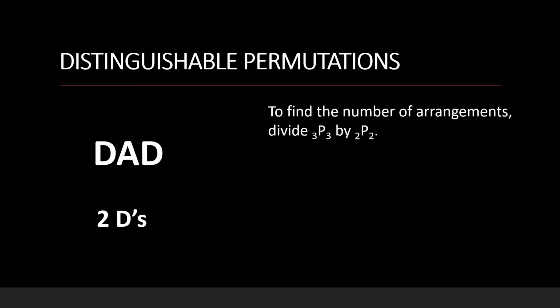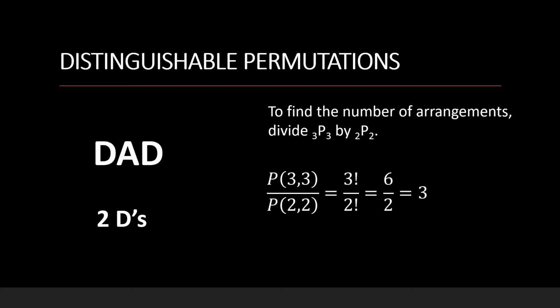To find the number of arrangements, we divide the total number of things that we are arranging, which is 3, by the number of repetitions, which is 2. So we have permutation of 3 taken at 3 over permutation of 2 taken at 2, equals 3 factorial over 2 factorial, or 6 divided by 2, which is 3.